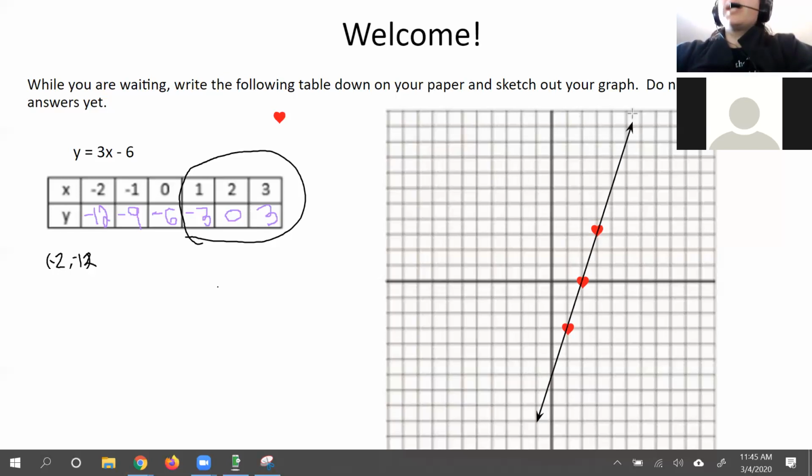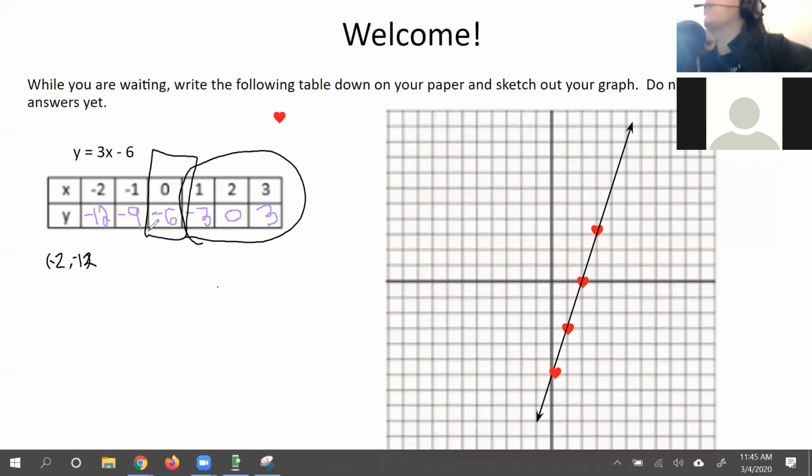Which of those guys is my y-intercept? What is my y-intercept of this? -6. -6 is my y-intercept because that is where my graph is crossing the y-axis. And if I look at my chart, that is when x equals 0.